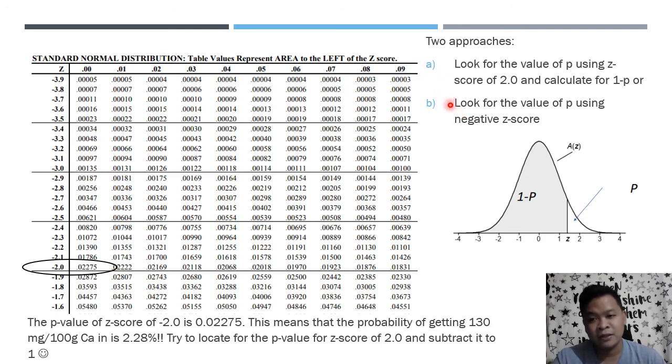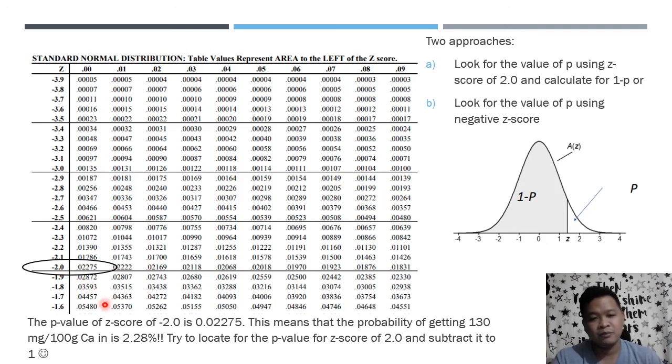If you use the z-score table, then you must calculate for 1 minus p. But if you're going to use the negative z-score table, then you could use the p-value directly.